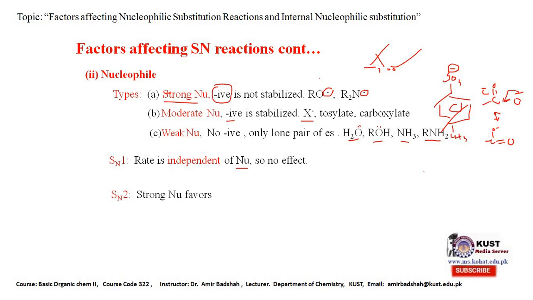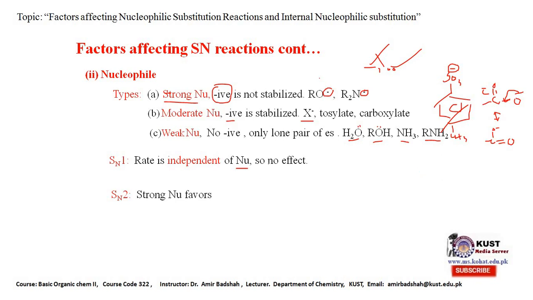But the SN2 reaction is a concerted reaction which takes place in a single step, and that single step is the rate determining step. So both the nucleophile and the substrate are involved in the rate determining step. That is why the nature of the nucleophile will affect the SN2 reaction.